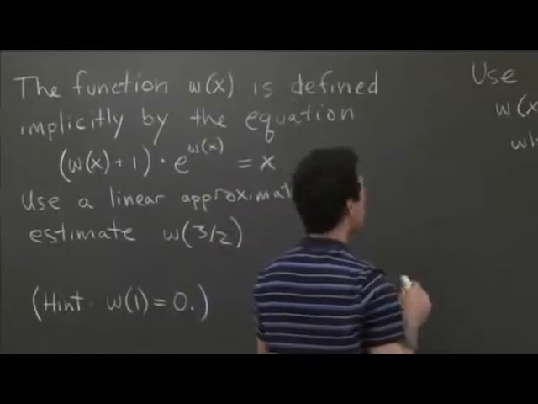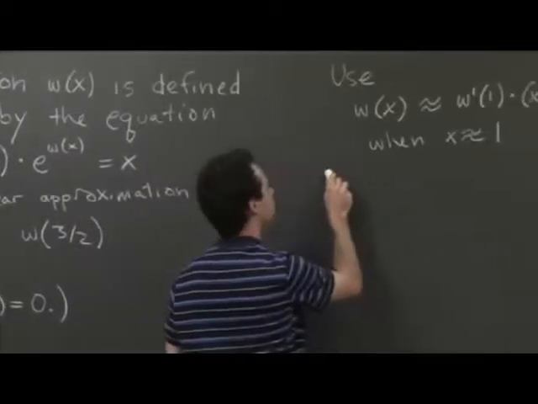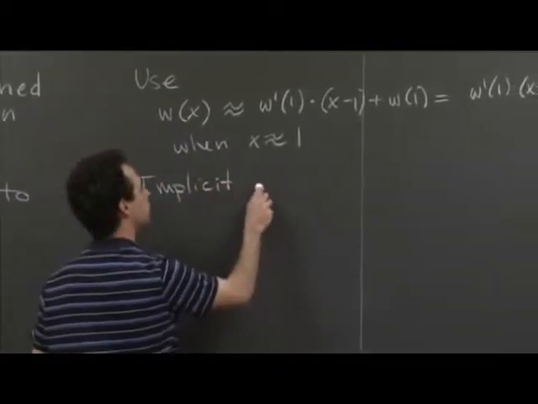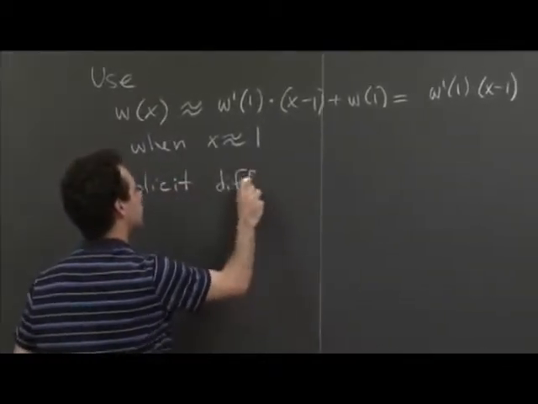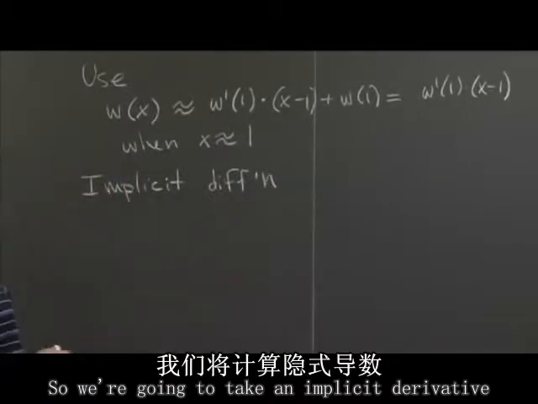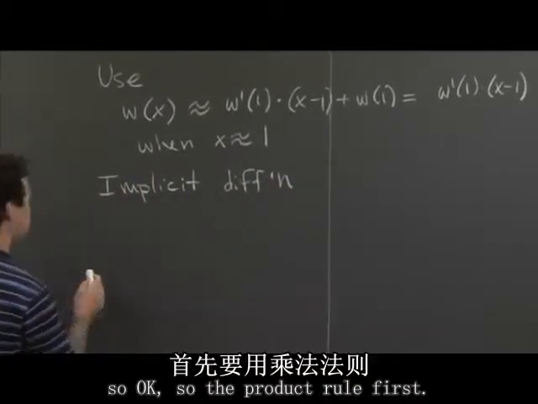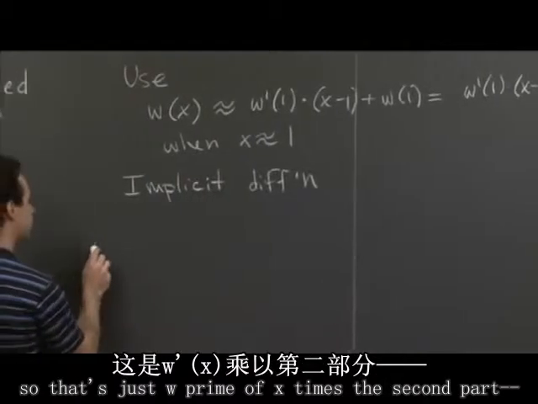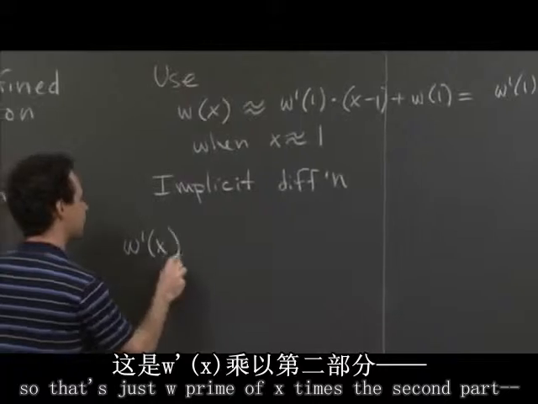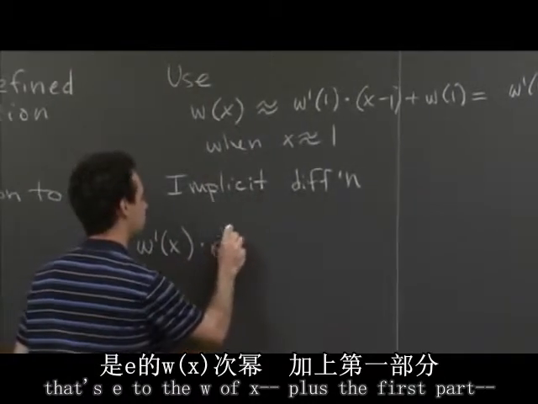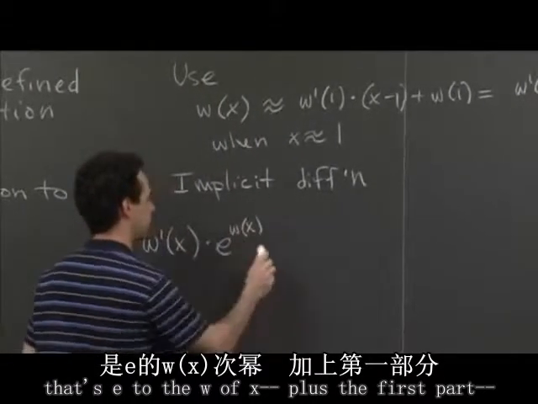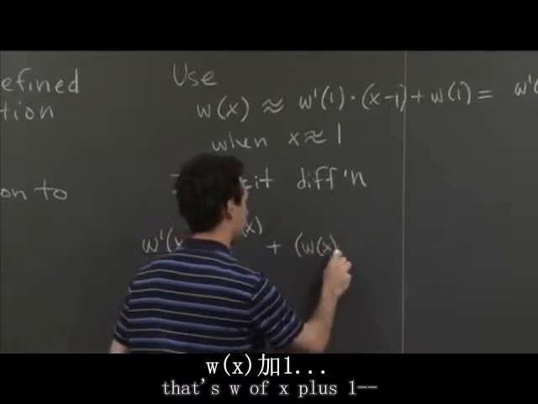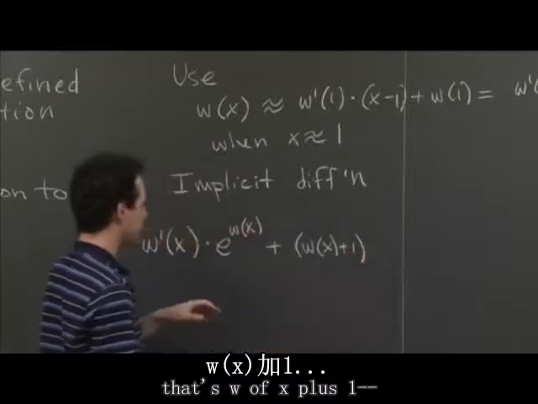So we're going to take an implicit derivative, and on the left, from the product rule, first we take the derivative of the first part. That's just w prime of x times the second part, e to the w of x, plus the first part, w of x plus 1, times the derivative of the second part.